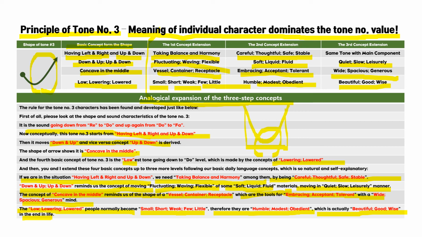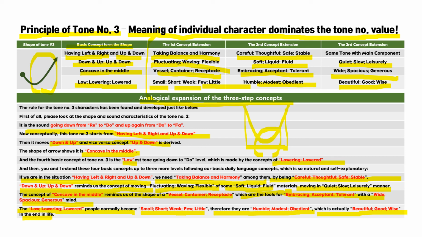So we can derive these conceptual values from the shape of the tone number 3, these four major key basic concepts. So if a Chinese character has one or two or even more conceptual values in this table, that character will have the tone number 3 value.